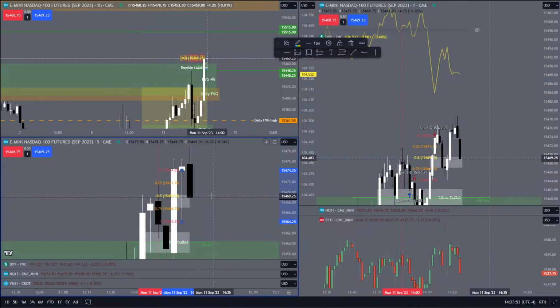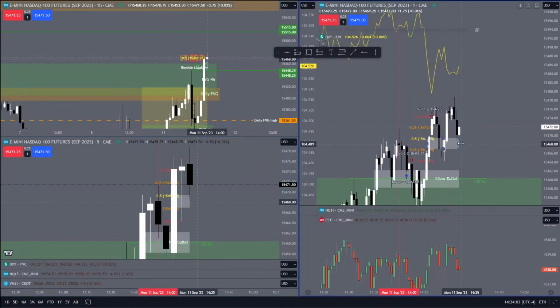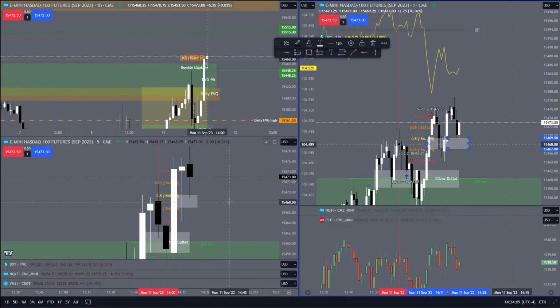So as you can see, okay, bodies respecting this fair value gap. Yep, so it looks like we came over it just a few ticks. Come back up.